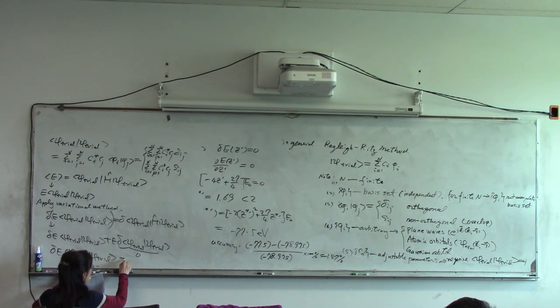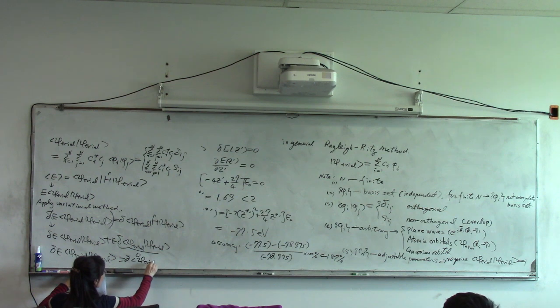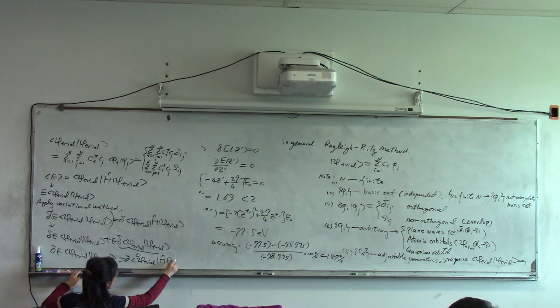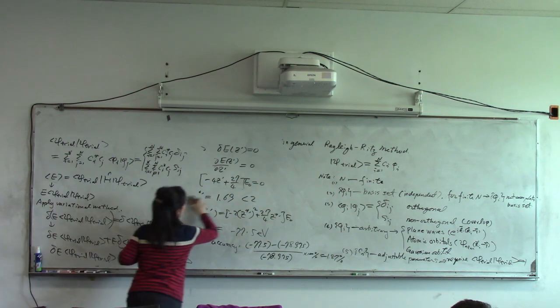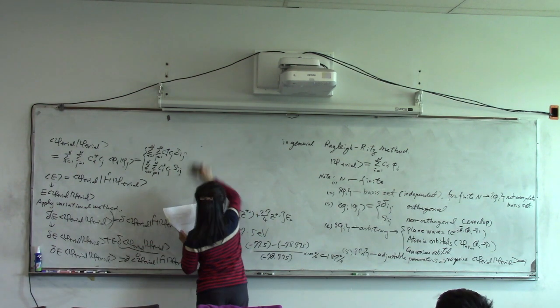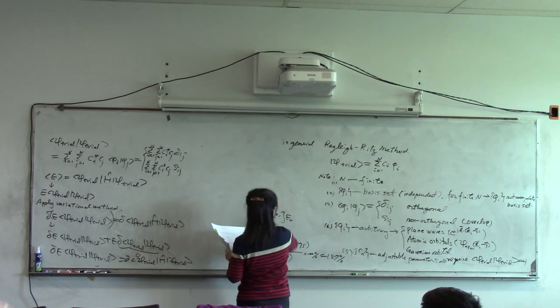That is equal to the variation of the expectation value of the Hamiltonian. So I move the right-hand side to the left-hand side.